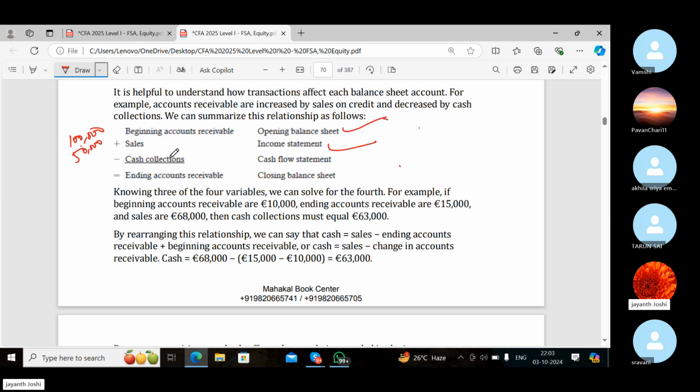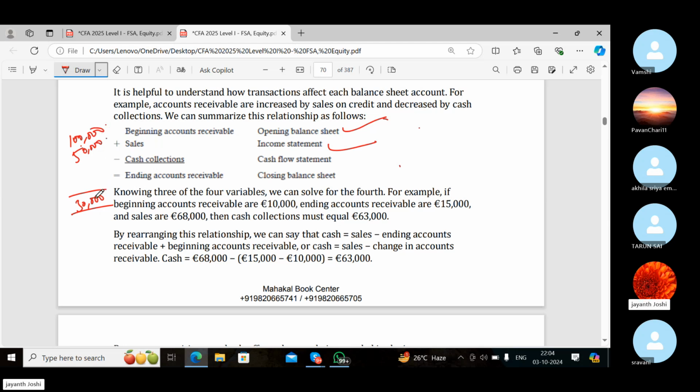And what happened is your ending accounts receivables is 30,000. What does it mean? 1 lakh you were supposed to collect. 50,000 again you have sold the goods, you are supposed to collect.